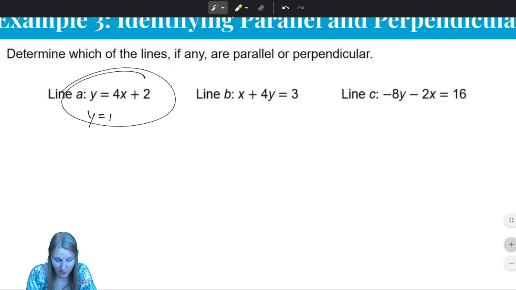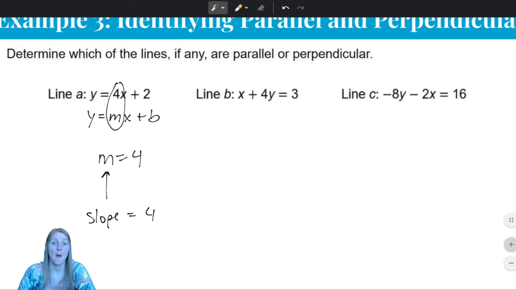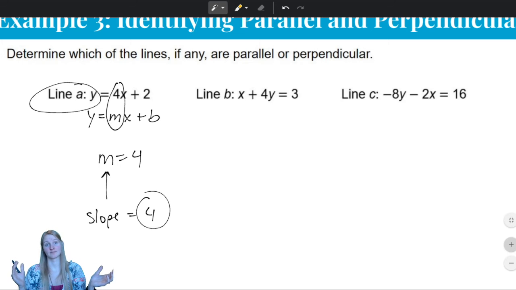And remember, this looks exactly like y equals mx plus b, which means that m is 4. And what was m? Oh yeah, that was slope. Boom. The slope of line A is 4.